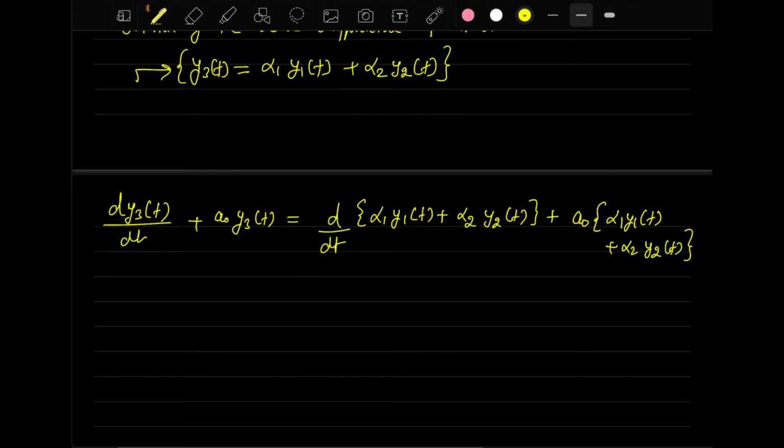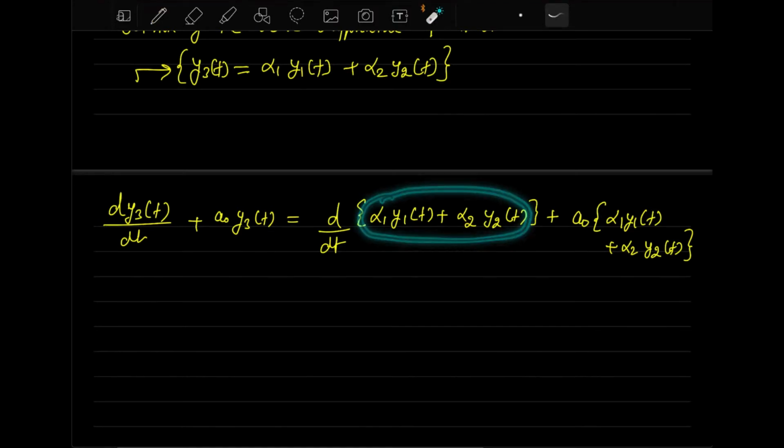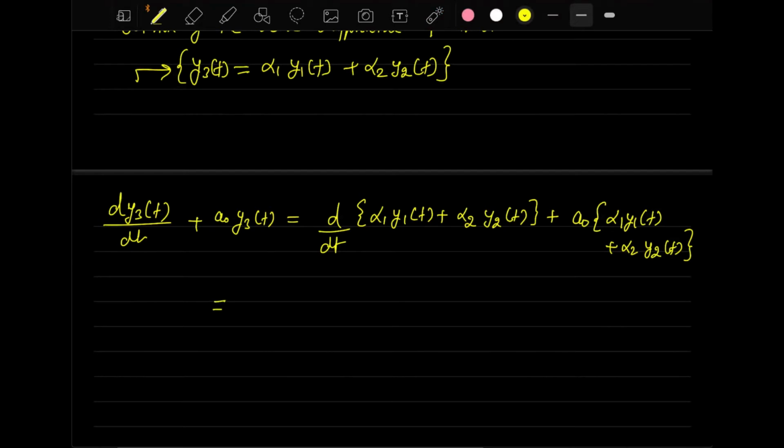Once you substitute this, we can rearrange the terms, because we just substituted the values of y3 by assuming the linearity condition of this system. Now we can rearrange by collecting the terms which have alpha 1 as one of their factors.